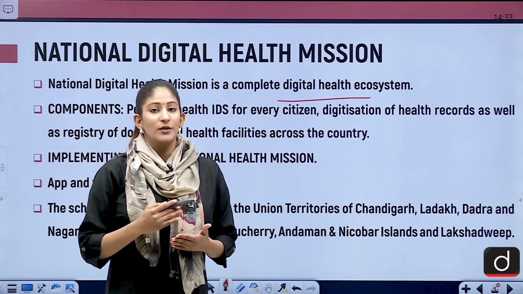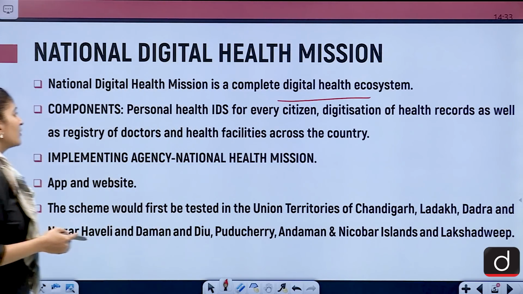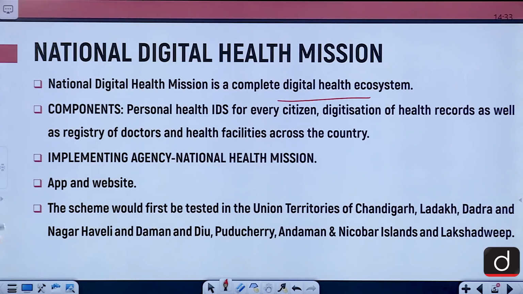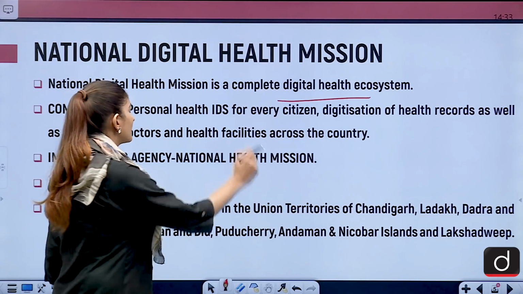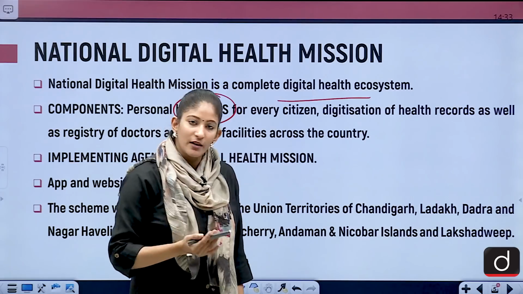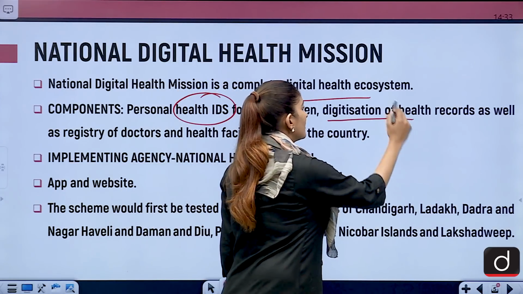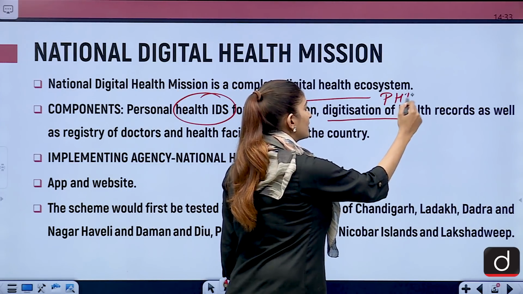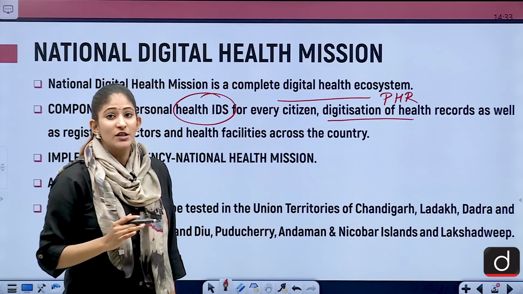If we talk about its components, it talks about personal health IDs for every citizen, digitization of health records as well as registry of doctors and health facilities across the country. So that means health IDs first. Secondly, it will have personal health records as well. And also DigiDoctor.